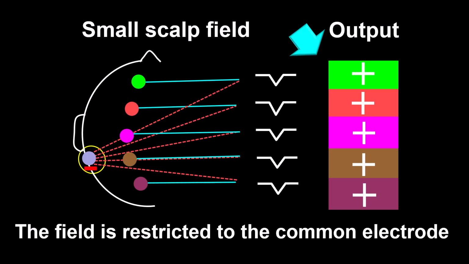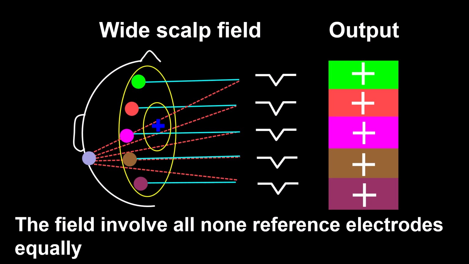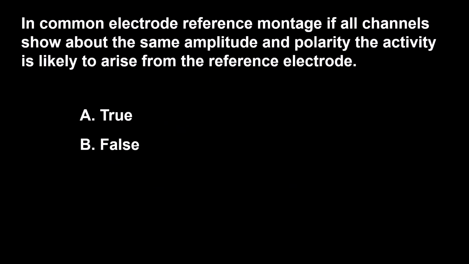As you can see in this frame, if all channels in a common electrode reference montage have the same polarity and about the same amplitude, the likelihood is that the activity driving such changes arises from the common reference electrode. It is far less likely that the waves would arise from a wide scalp field as it is represented in this frame. So the answer to this question is true.